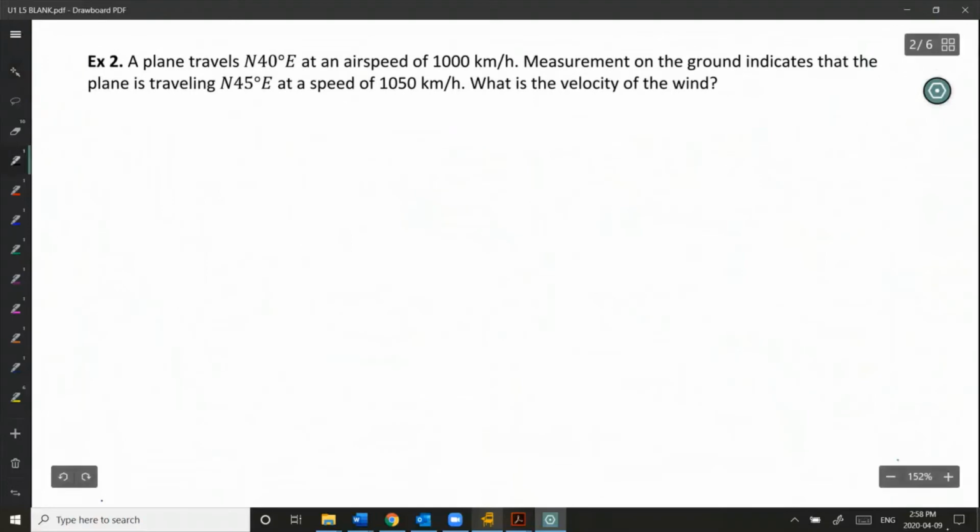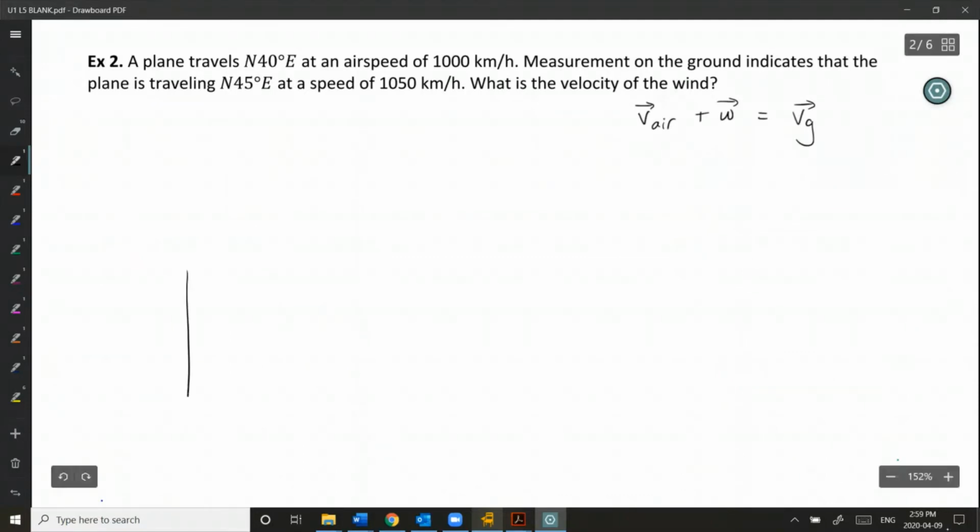Let's take a look at an airplane example. We're given information about airspeed and ground speed, and we're looking for velocity of the wind. So just as a reminder, air velocity, or velocity with respect to the wind plus the wind current, is going to equal the resulting velocity with respect to the ground of the airplane.